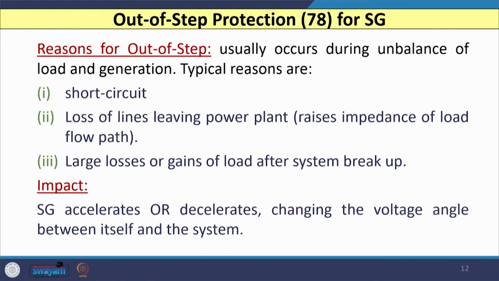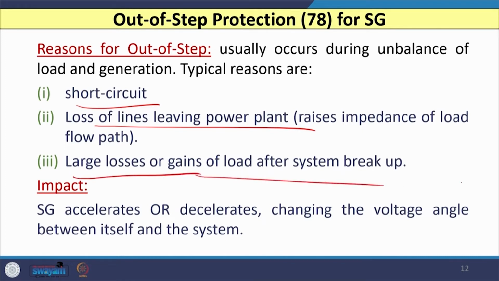Now, the next type of protection is out of step protection in a synchronous generator. We know that the out of step condition occurs during unbalance of load and generation. The typical reasons are short circuits, maybe loss of lines emanating from the power plant, which increases the impedance of the load flow path, and large loss or gain of load after system breakup.